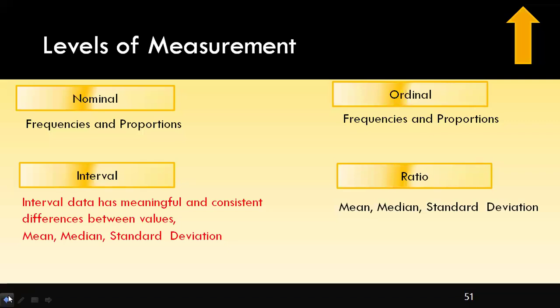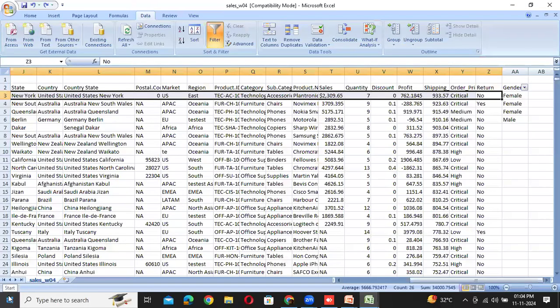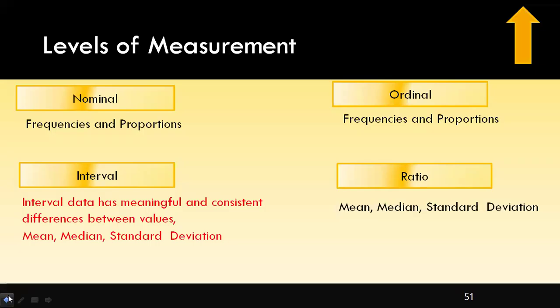With the nominal type of variable, we can find out the frequency. How many times are the female records appearing? 3 records, right? Female, female, female, 3 records. The frequency is 3. We can use frequency and proportions with the nominal type of variable.